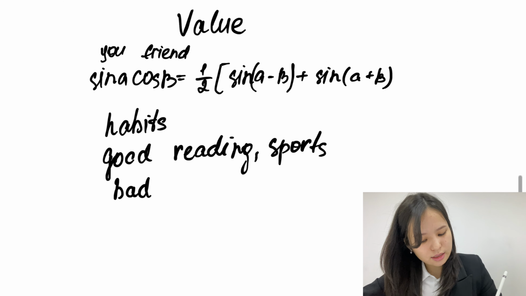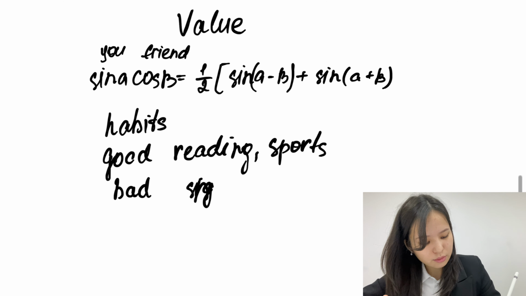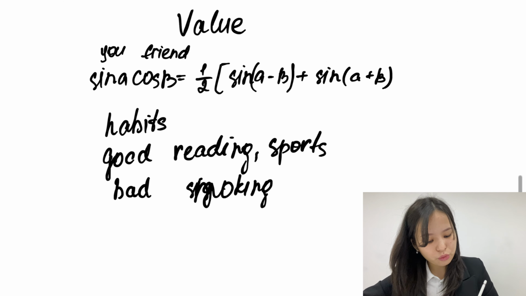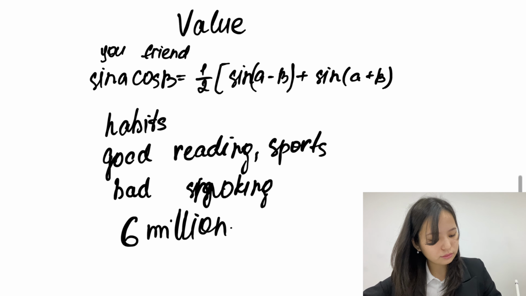Bad sides are cigarettes, smoking, yes, smoking, and others. But it's important to choose the environment in which you will grow together. If you communicate with 6 millionaires, you will become the 7th.